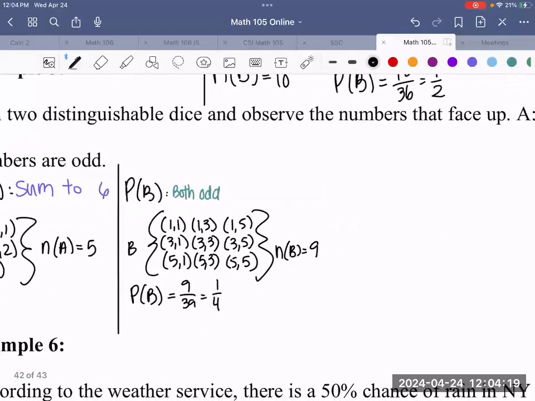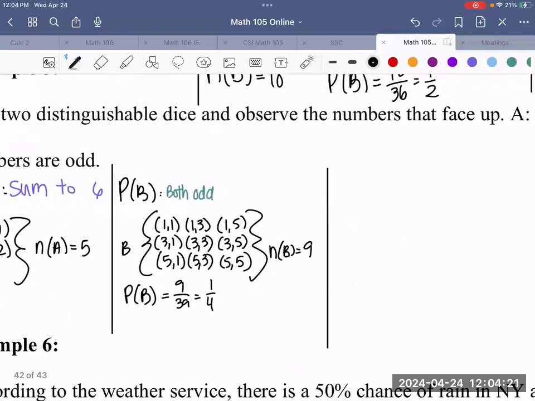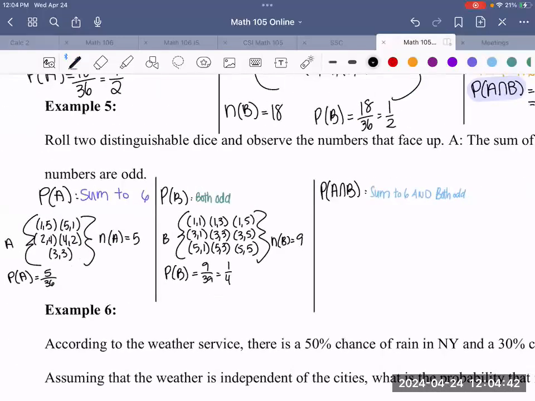So now let's look at them both happening. The probability of A and B, which is they sum to 6 and are both odd. Okay, so they sum to 6 and they are both odd. So looking at these ones, right, they have to sum to 6 and they're both odd, which means there's only 3 different ways.